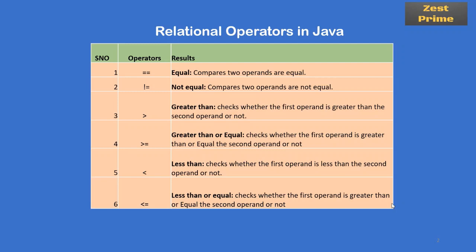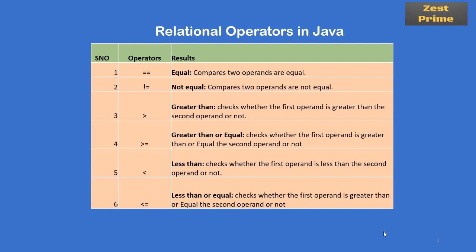We are going to see an example use case of each operator, so that we get a practical idea of how we are going to use it in the Java programming language and how it produces a boolean value. First we will discuss theoretically one by one, then we are going to see the practical programming.